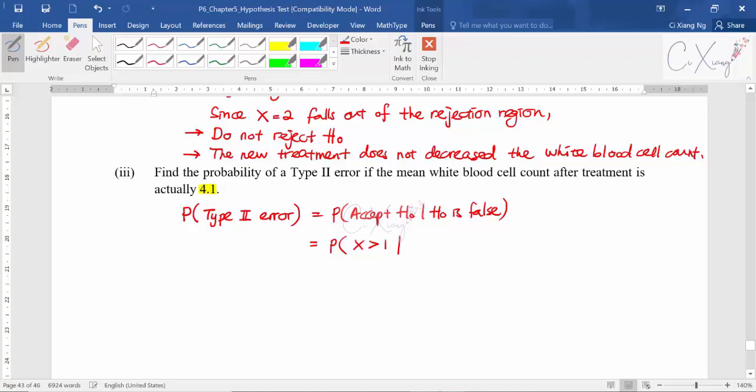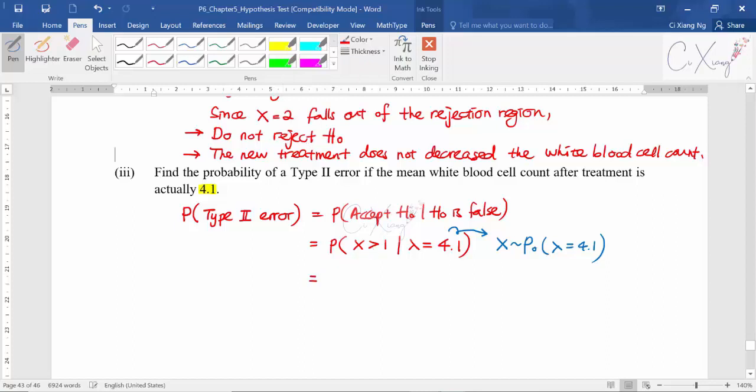Alright, then now the null hypothesis is false, that means you should have a new lambda. So the new lambda here will be 4.1, given in the question. Okay, then you remind yourself x is Poisson distributed and lambda equals 4.1. Then you calculate the probability.